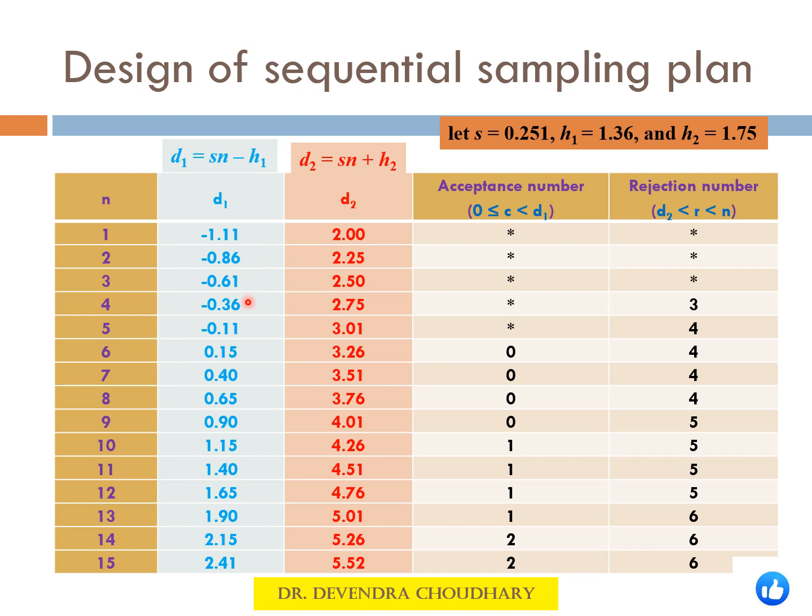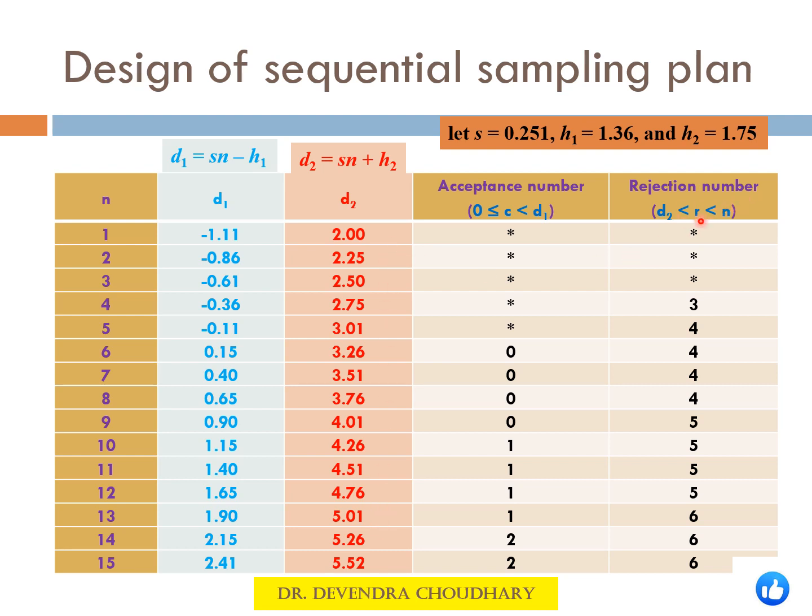So we cannot have a negative whole number value. So here we put star star, and when this is below positive numbers, below 1 would be 0, and if the D1 value is between 1 and 2, we take 1, and if it is more than 2, we take 2. Similarly, D2 values are given here.